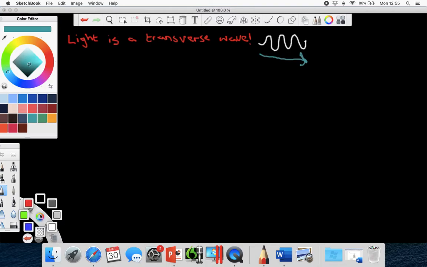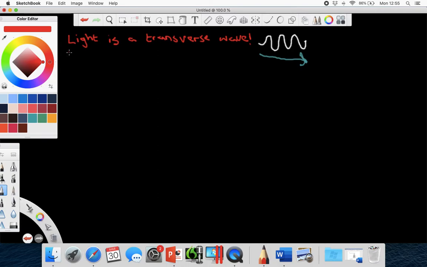The other thing that we need to say, and this is really important, people always get this wrong when they start trying to draw ray diagrams in particular, is that light travels in straight lines. It never bends. The only time it bends is through something known as refraction. However, unless it's going through refraction, it travels in straight lines.